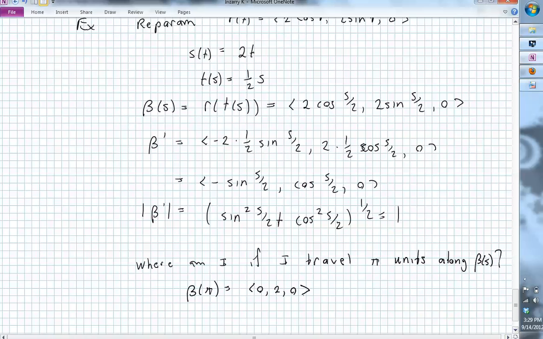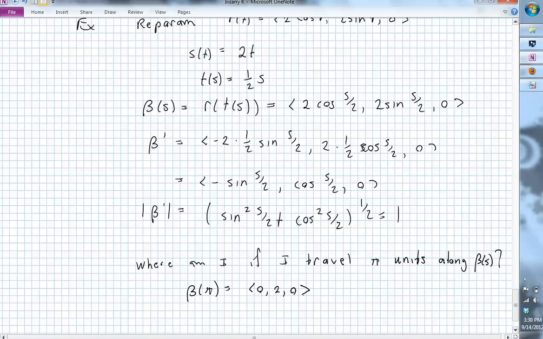And I traveled pi units. So after I traveled pi units, I was at the top of the circle. Is that right? Well, what's the circumference of this circle? Remember way back when we first started this whole ordeal? Do you remember what the circumference of this circle was? 4 pi. If I travel pi units along, I've gone how far around the circle? 1/4 of the way. That's 0, 2, right? That's the top. 0 x, 2 y.